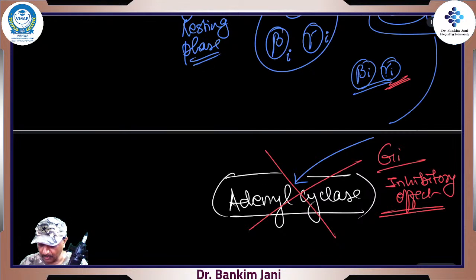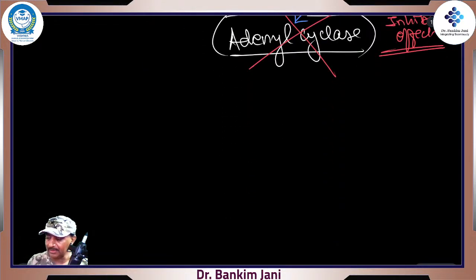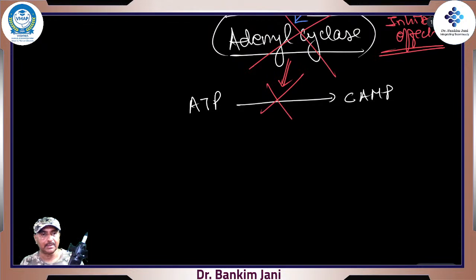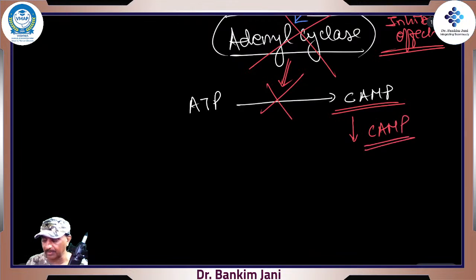And what would happen when this occurs? Adenyl cyclase was converting ATP into cyclic AMP, and now this process is stopped. When this process stops, the cyclic AMP concentration starts dropping.